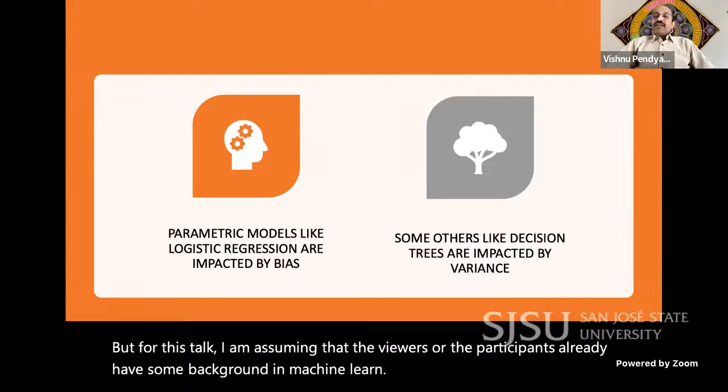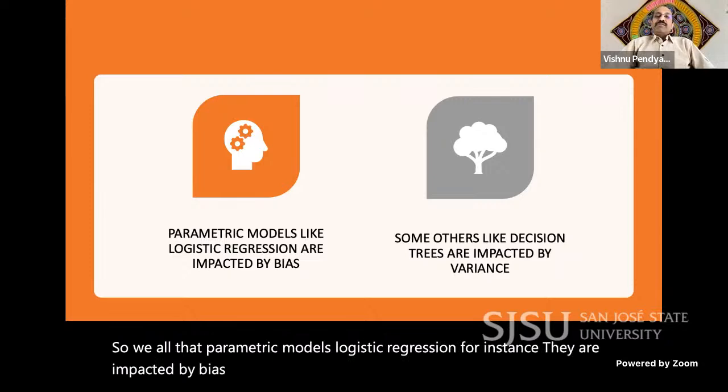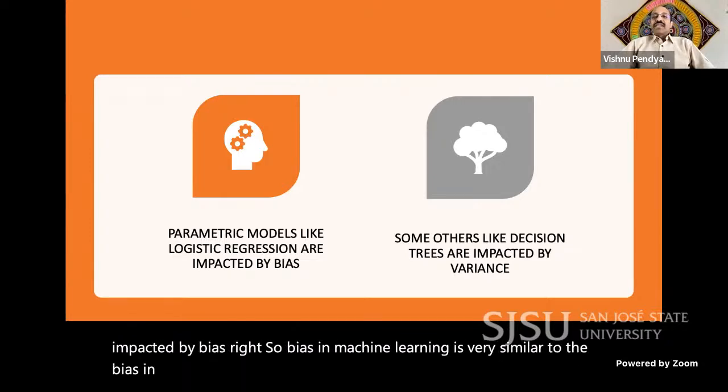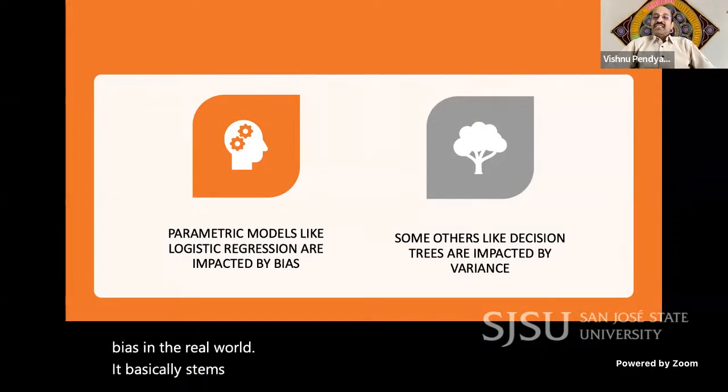So we all know that parametric models like logistic regression, for instance, are impacted by bias, right? Bias in machine learning is very similar to the bias in the real world. It basically stems from simplifying assumptions such as age, gender, and so on.